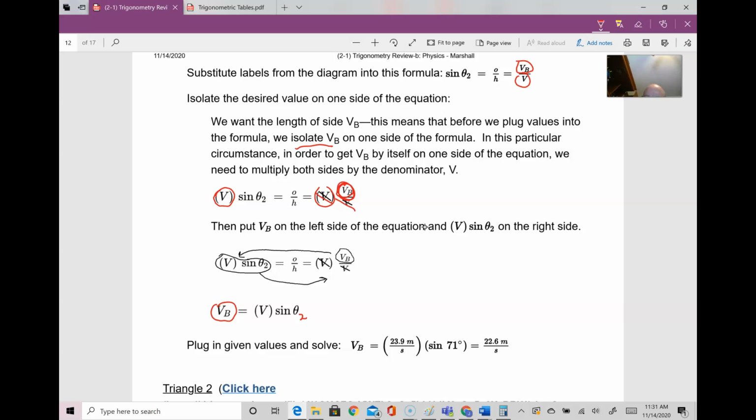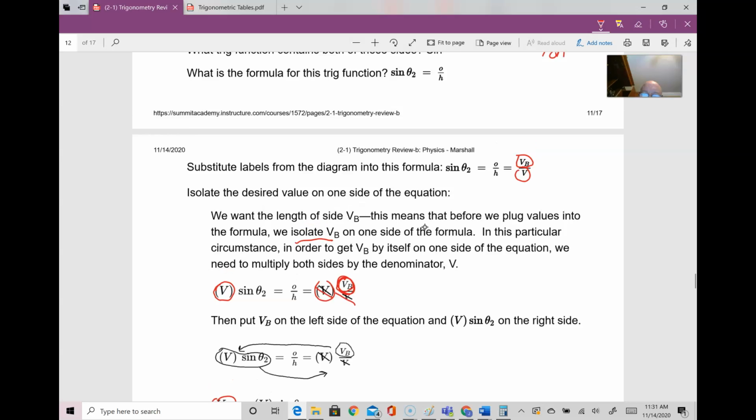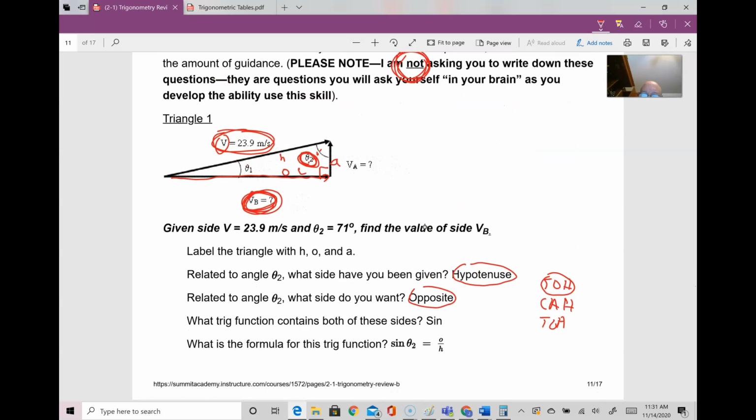And so I'm just going to plug in the values. V is 23.9 meters per second. We want the sine of 71 degrees because that was the angle. And that means it's going to be 22.6 meters per second. Let's see if that makes sense.